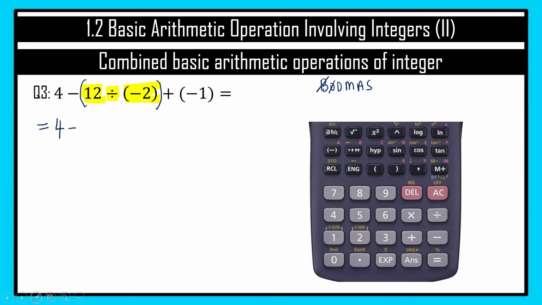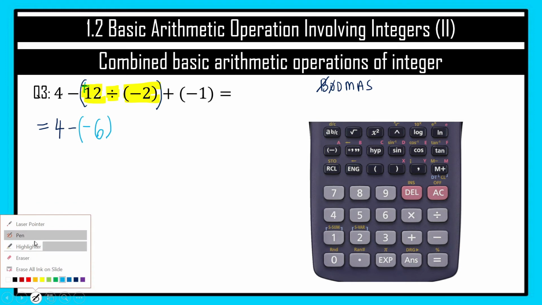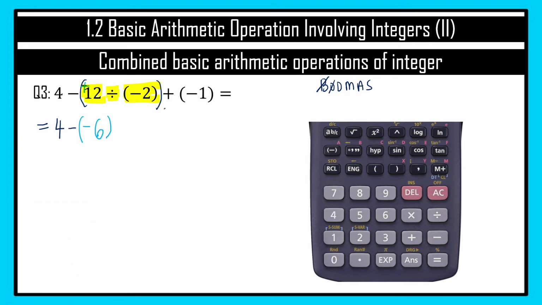Now if you are very good with your calculation, this 12 is a positive 12. So positive divide with negative, you will get negative. And then 12 divide with 2, you should get 6. And I have not touched plus negative 1, so I'm going to copy it down.